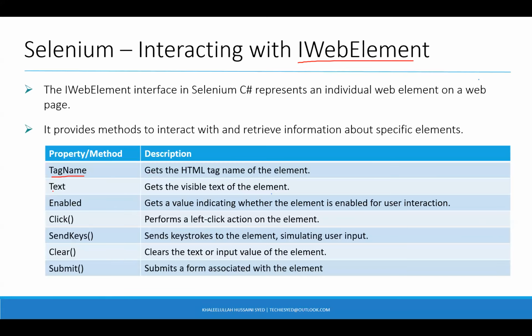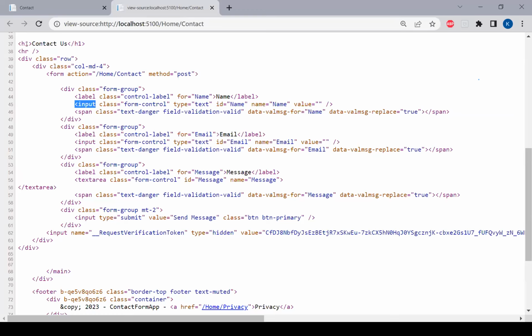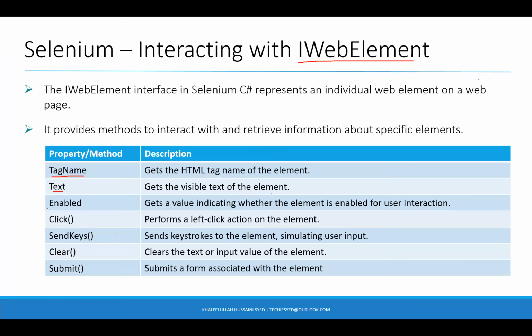You can also get the text. Let's say, for example, using your finder, you retrieve that H1 element here. The text property will return the content text present inside this H1 so that you can work with it. There is also Enabled, which will tell me whether a given element is enabled or disabled. I can also give some commands to these elements.